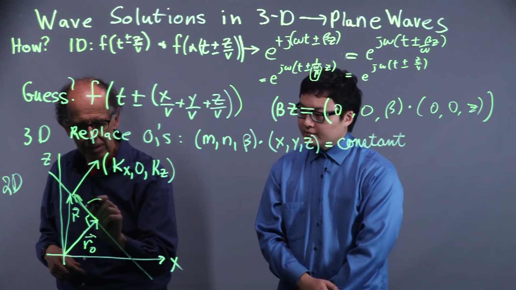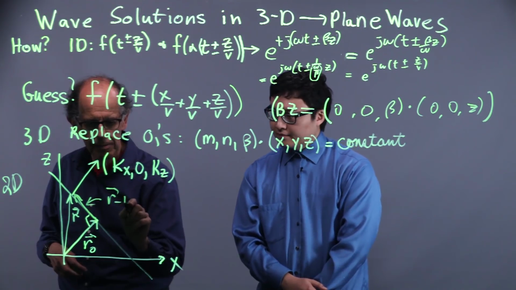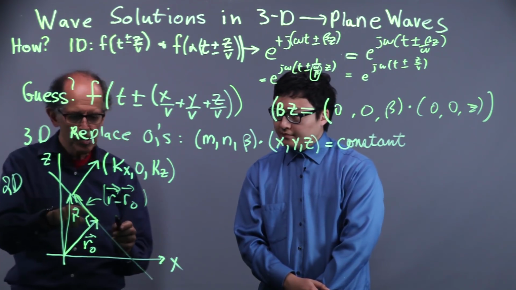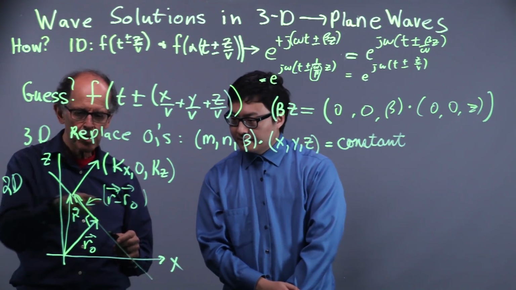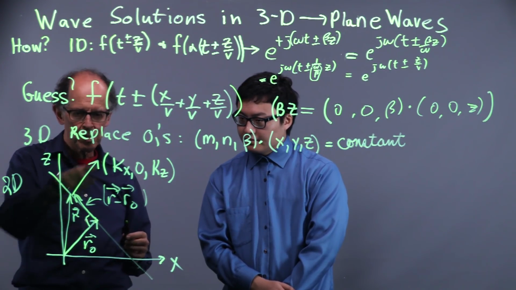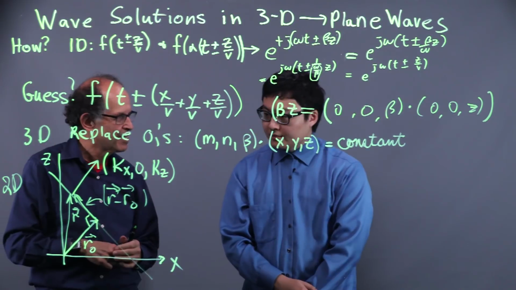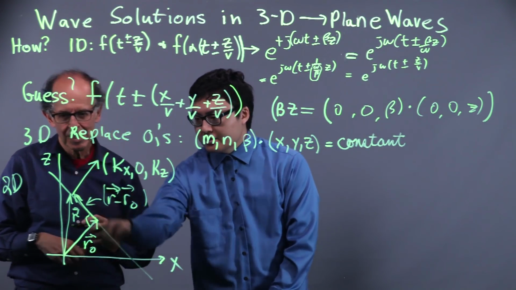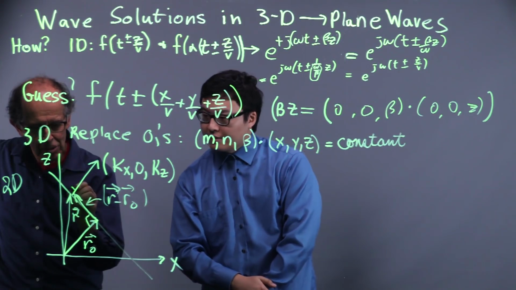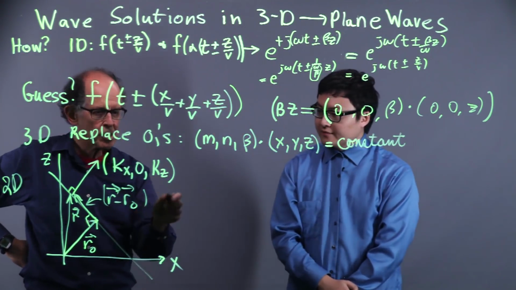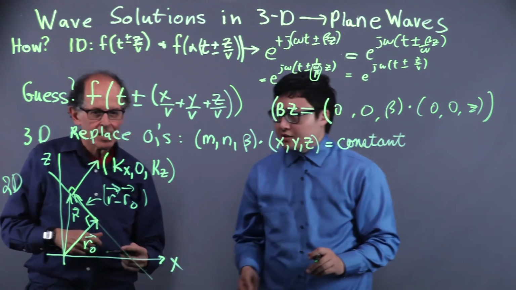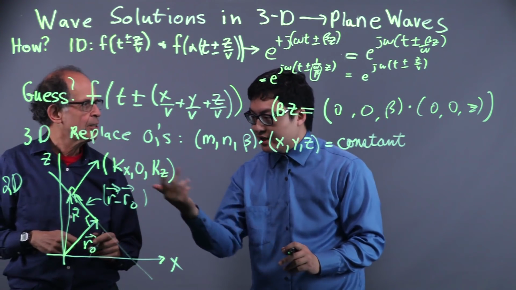That's this vector. Now, how's R minus R0 related to the vector K? What's the angle between them? They're just normal to each other. So what's the condition of normality? When you dot them together, you get 0.